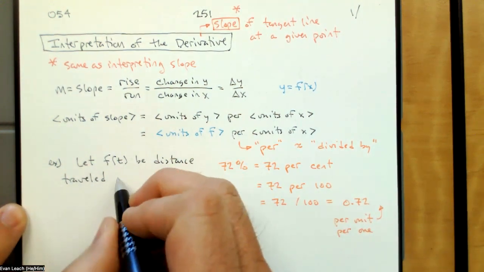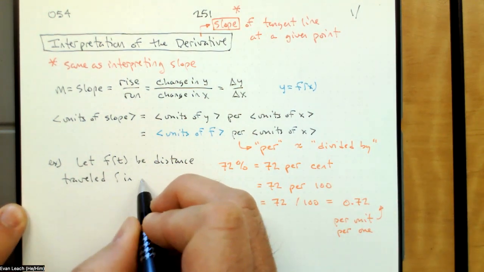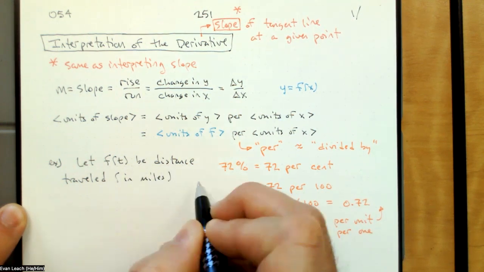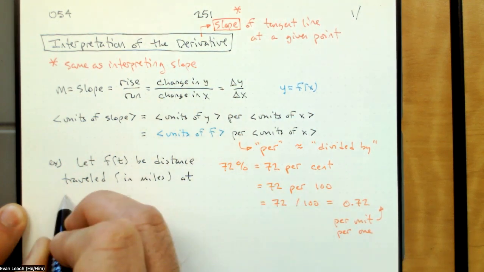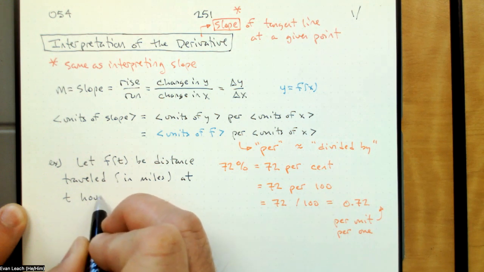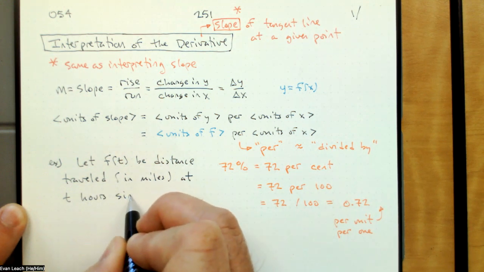Let f of t be the distance traveled, let's say in miles, at t hours since the start of a trip.